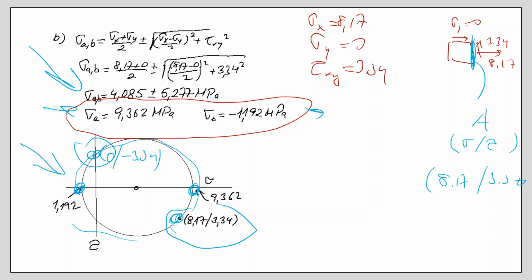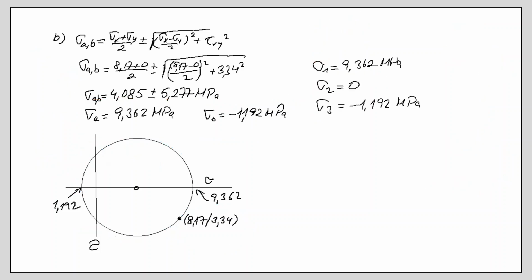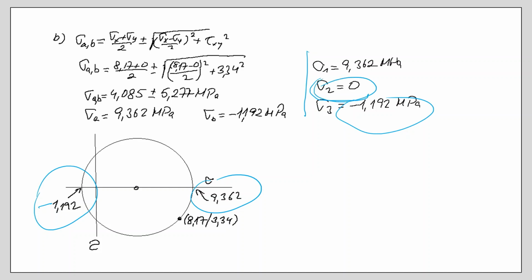If you do both, you're 100% sure that your results are correct. I have my sigma 1, that is my sigma 2, that's minus, and sigma 3, sigma 2 is 0.